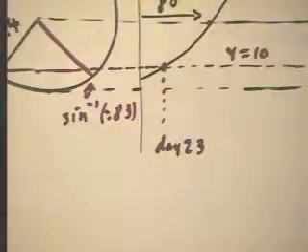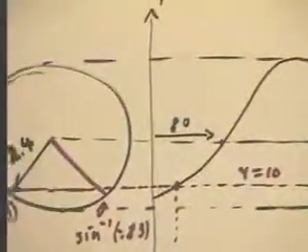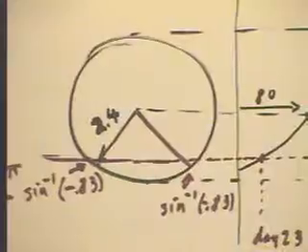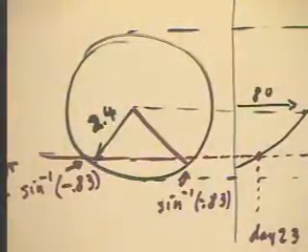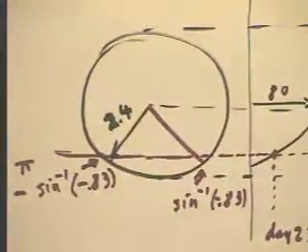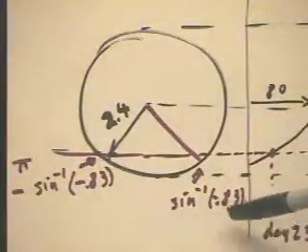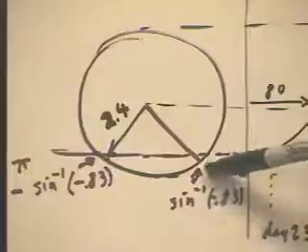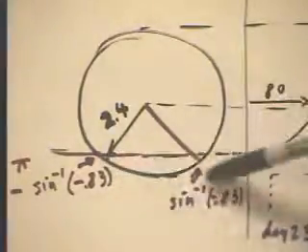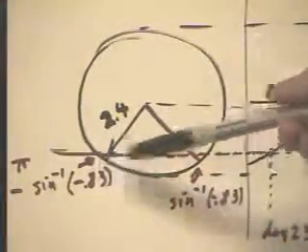A graphical depiction of the situation. We first graph the function on a circle of radius 2.4. The inverse sine of negative 0.83 will occur here, and another point that has the same y-coordinate will occur here.